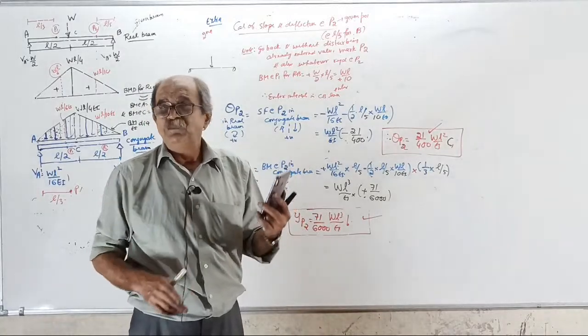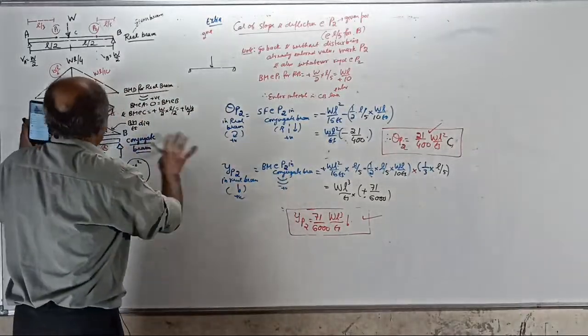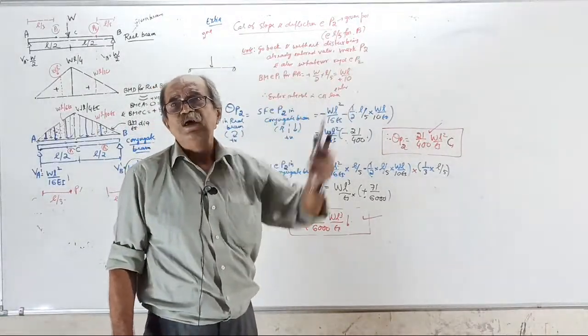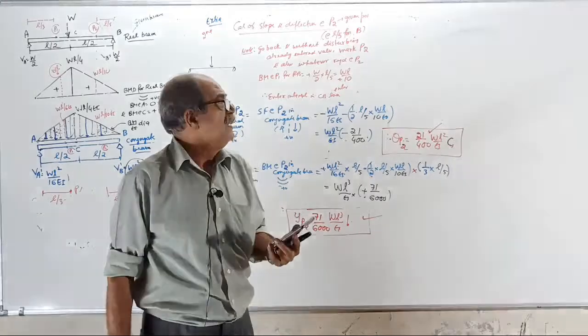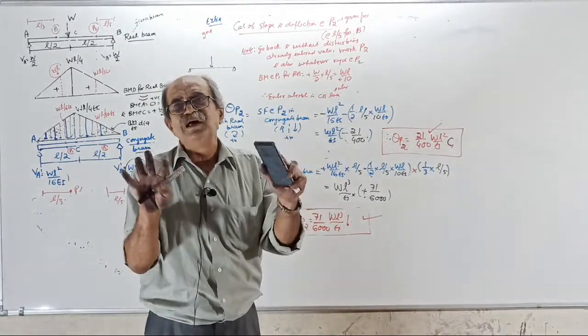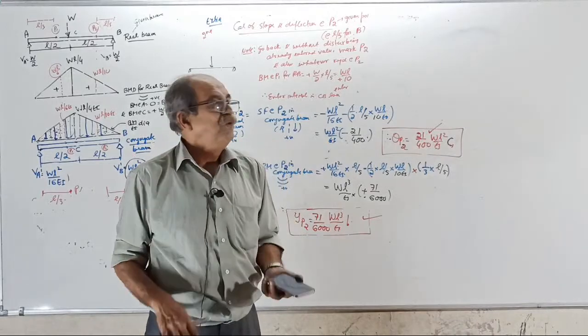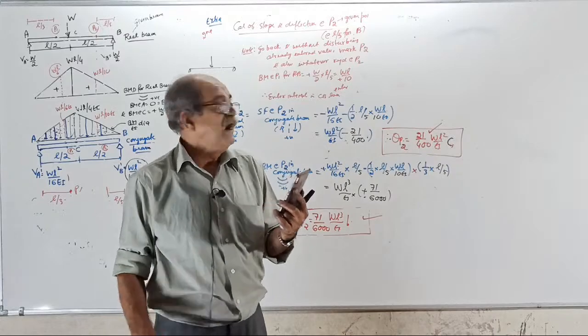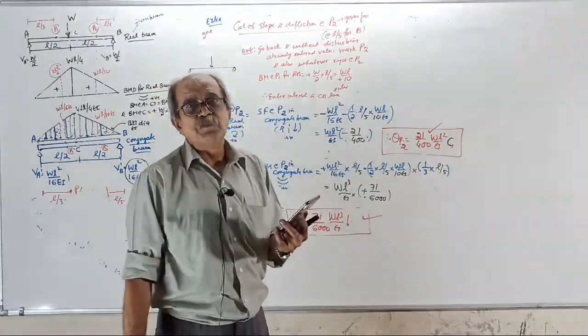So tomorrow, before the class, I will fill up the board and only explain. Then I will go to UDL, two-point loads and eccentric point load. Remember, the moment area method has got complications. The conjugate beam method has no complications, it is very, very easy. And in the conjugate beam method, we will consider more cases also.